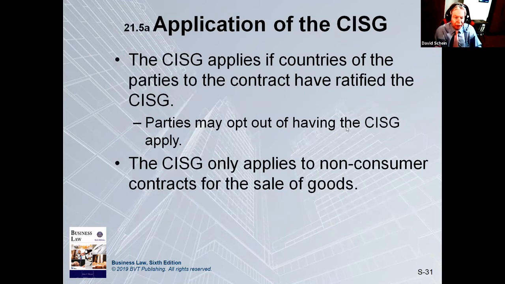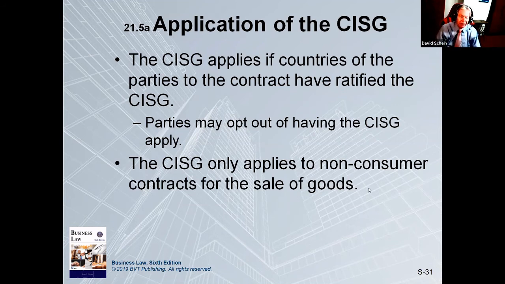Now, as we wrap up chapter 21, one of the situations we get into is the application of the CISG, which again, we introduced at the beginning of this chapter. This is from the UN, and the CISG applies to countries whose parties to the contract have ratified it. Many members of the United Nations have adopted the CISG, but not all of them.